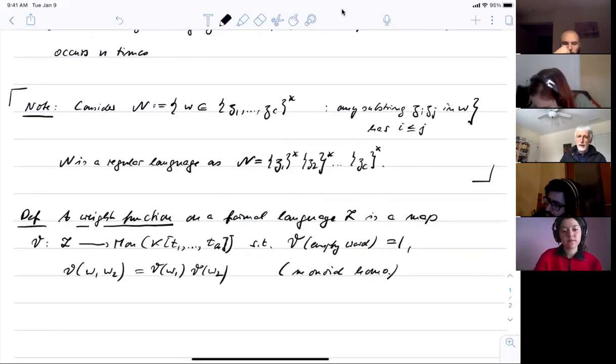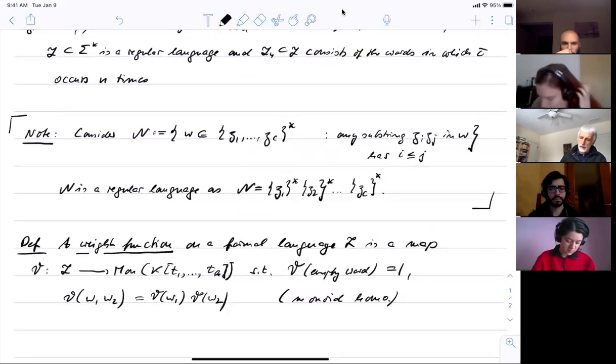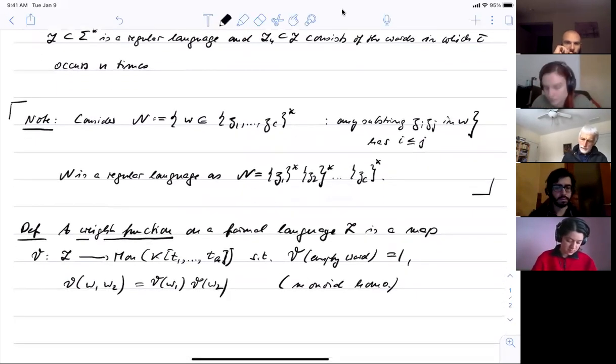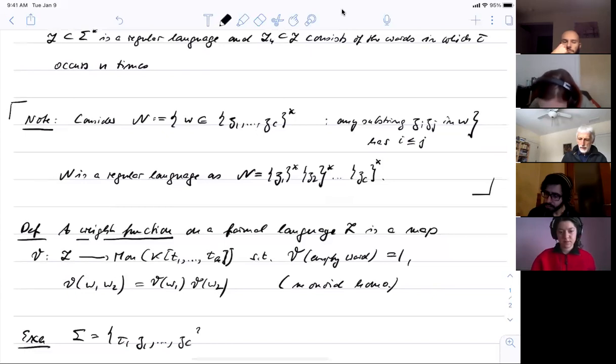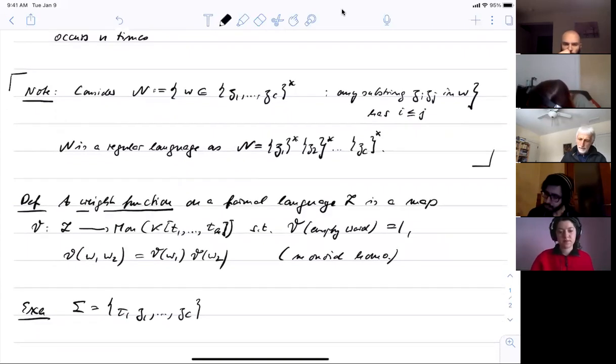Let's see how we can have such an example if we use the encoding we discussed. So let's stick to the case with our alphabet sigma consisting of tau, zeta 1 up to zeta c.